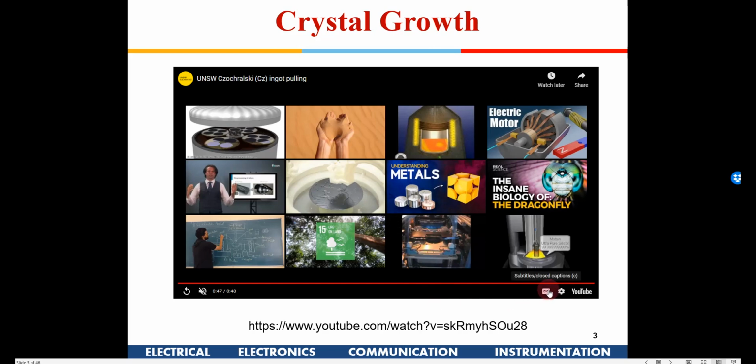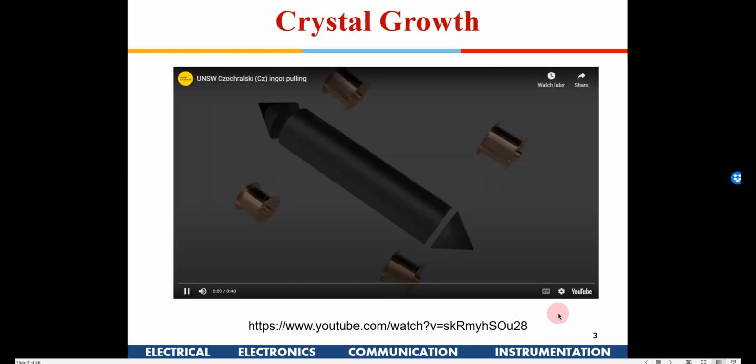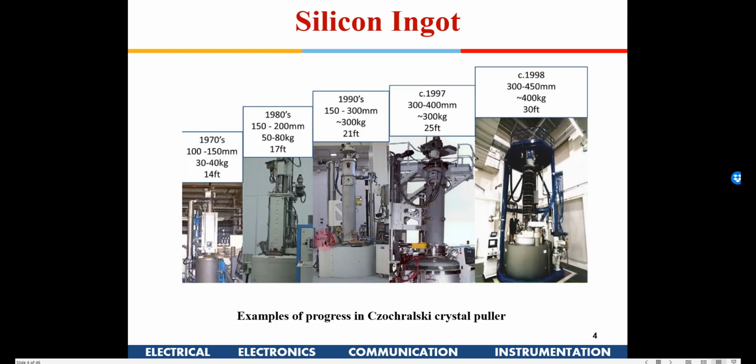So that is the first step here, and these are the equipment. Over the years, as we discussed in the very first class, the size of the wafer has also increased. Modern day machines are very huge compared to those available in the 1970s.